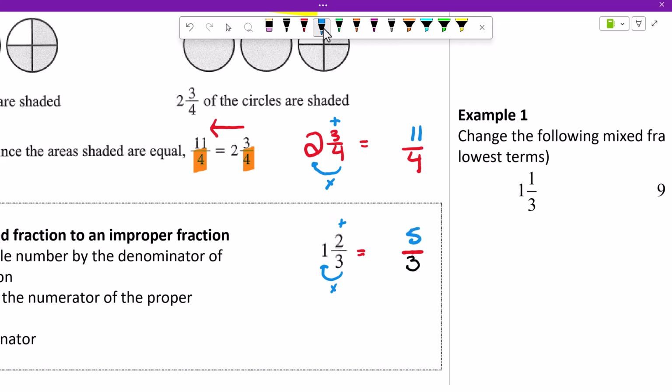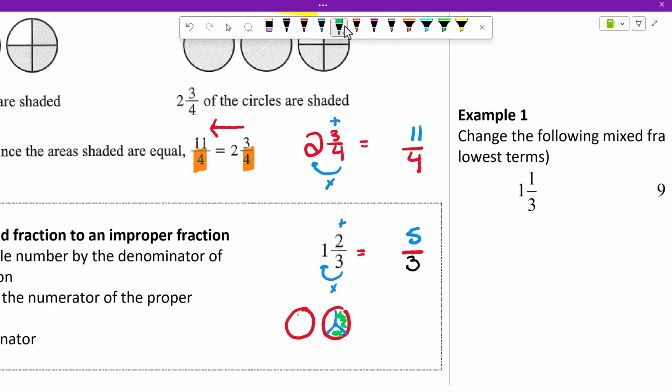Now, I'm never going to actually get you to draw this, but if I were to draw the first one, it'd be 2 full circles. The partial one is broken up into 3 pieces, and we have 2 of them shaded. That's what the fraction says.